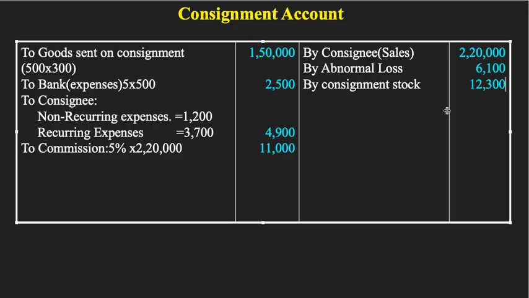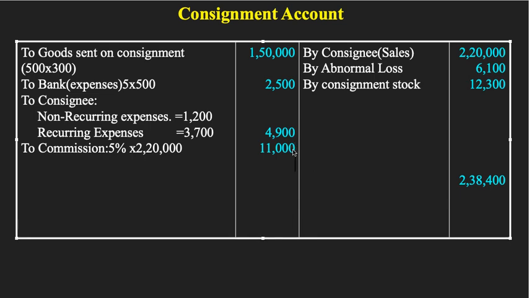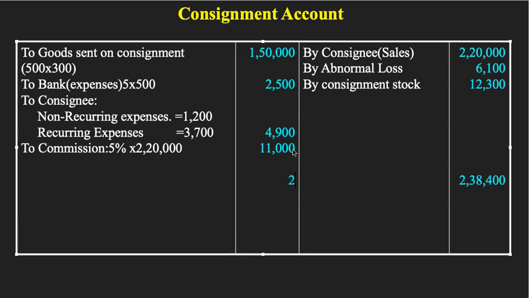Right? So if we add it up, 2,20,000, 6,100 and 12,300, the total amount is 2,38,400.